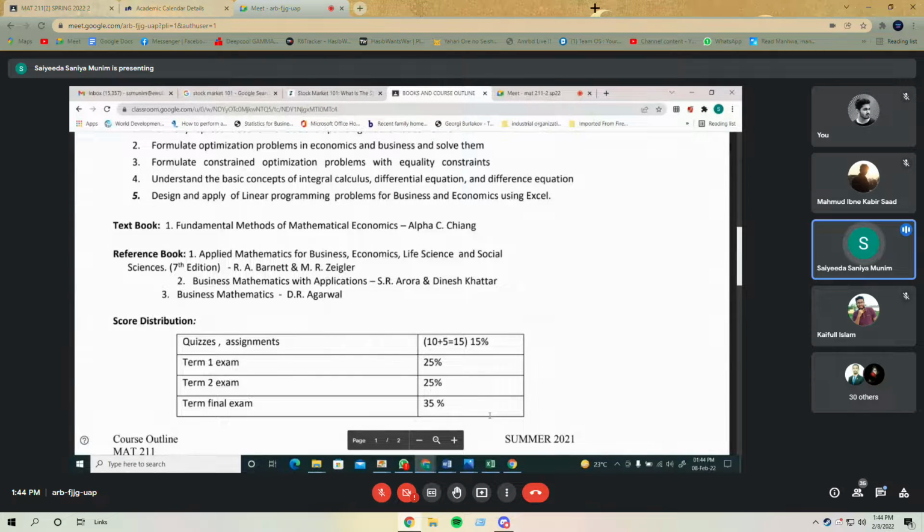I'll be writing down the rules in the Google Classroom, but for the first day, let me just say it out: all your pages must have your ID. If you are writing 5-page assignments or a 5-page midterm exam, all the pages must include your ID, date of the exam, and the page number. These three things are a must, whether it's a quiz, assignment, or midterm.